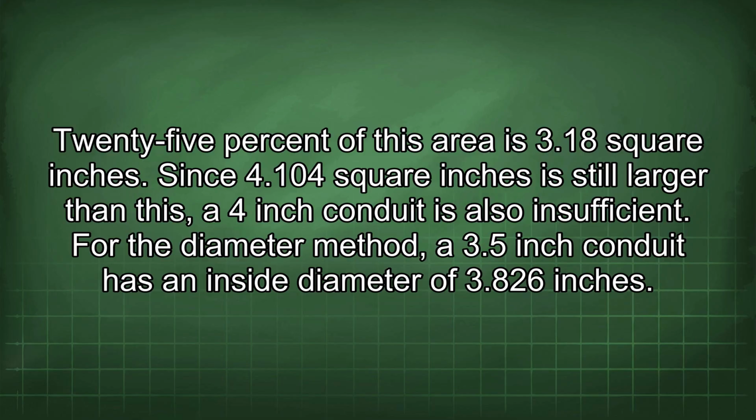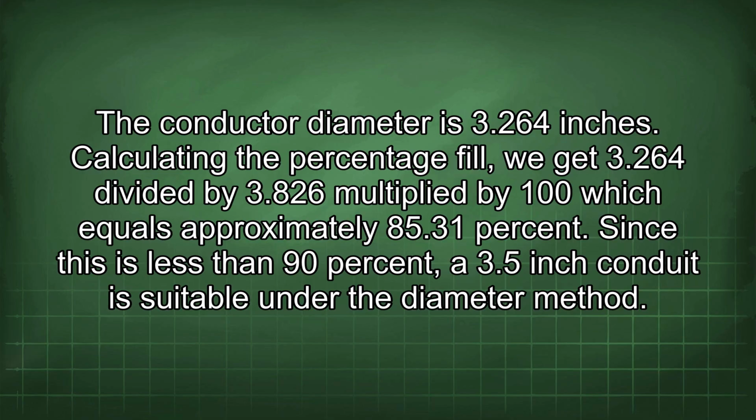For the diameter method, a 3.5-inch conduit has an inside diameter of 3.826 inches. The conductor diameter is 3.264 inches. Calculating the percentage fill, we get 3.264 divided by 3.826 multiplied by 100, which equals approximately 85.31%. Since this is less than 90%, a 3.5-inch conduit is suitable under the diameter method.